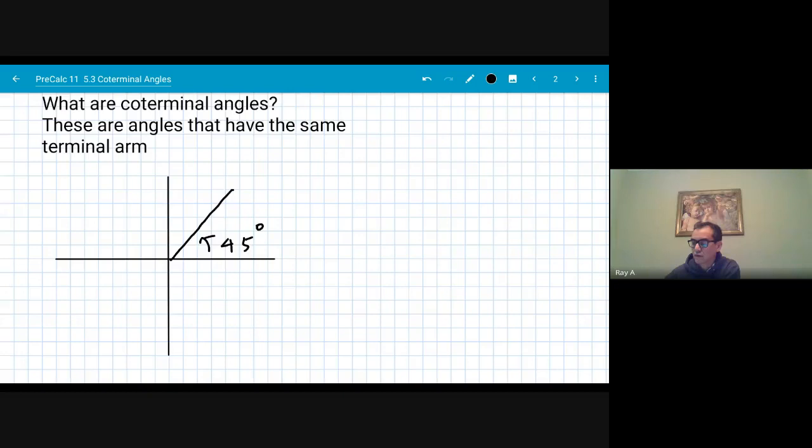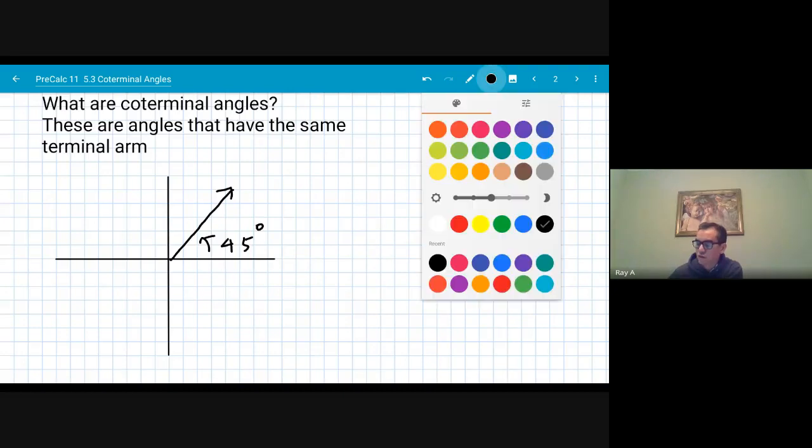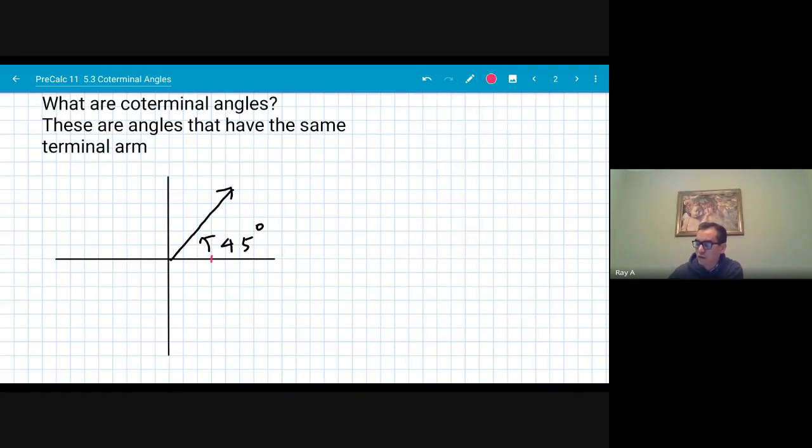Now, if you continue going around the circle, this way, 180, 270, 360, and then stop there again, this time you have an angle that went the whole way.